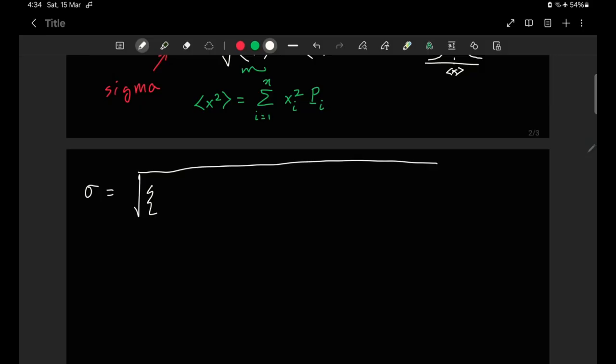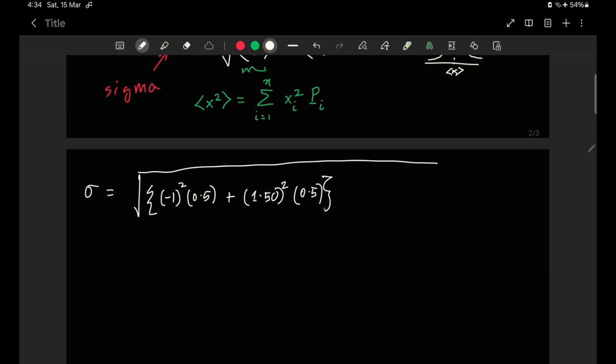Your outcomes were -$1, so -1 squared times the probability 0.5, because this is the expectation value of x squared. Plus, if you win, you win $1.50, also squared, times the probability, which is still 0.5.